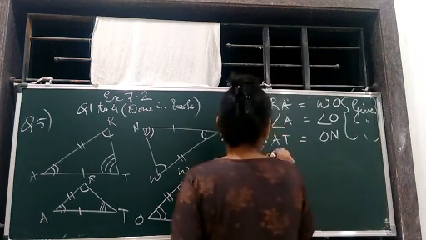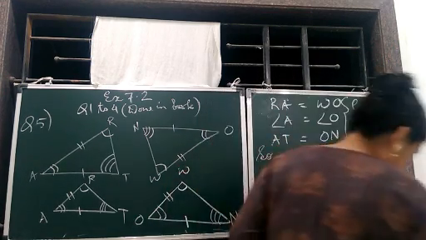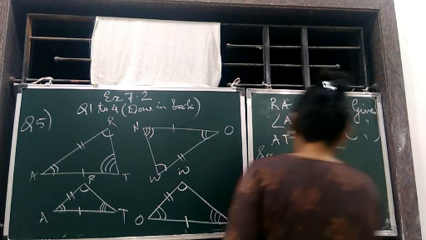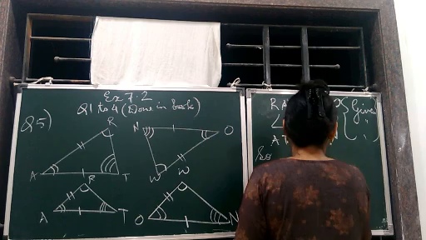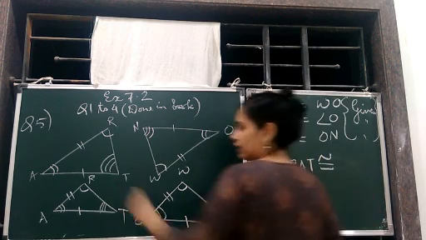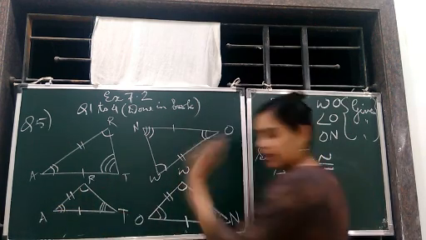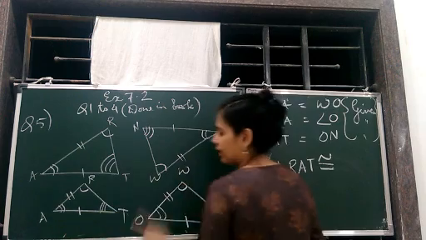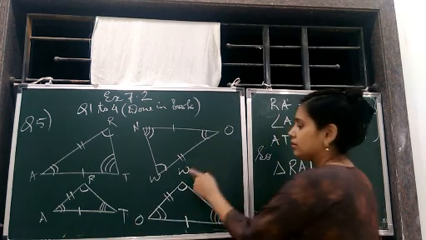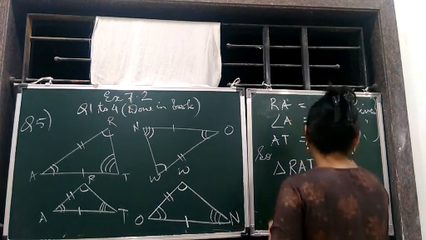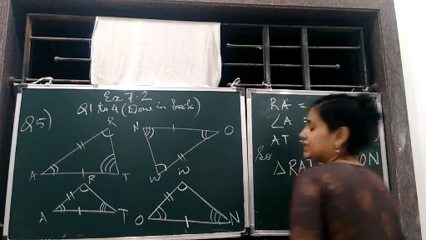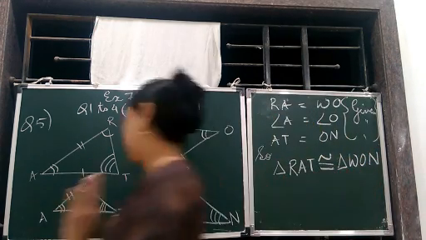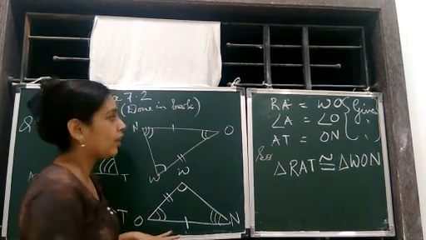So which triangle is congruent? What was asked? Triangle RAT is congruent to triangle WON. Now as this has gone, this will go the same way. Triangle WON. Okay. And by what?